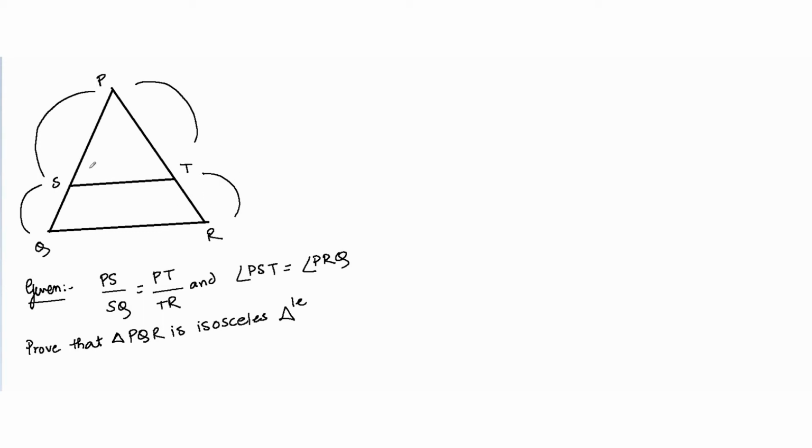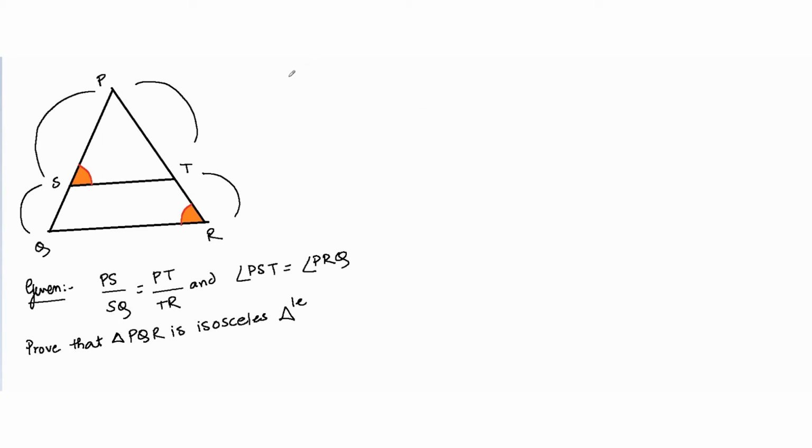It is also given that angle PST, this particular angle, is equal to angle PRQ, right? These two angles are equal. This is given to me in the question. I now have to prove that triangle PQR is an isosceles triangle, right? So let us see how we can go about this particular question.